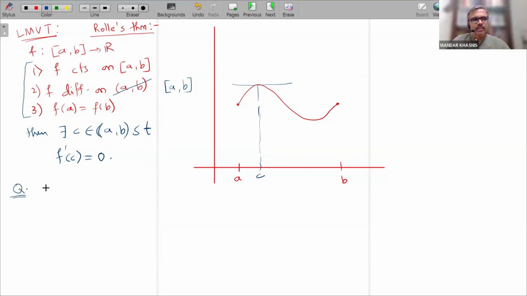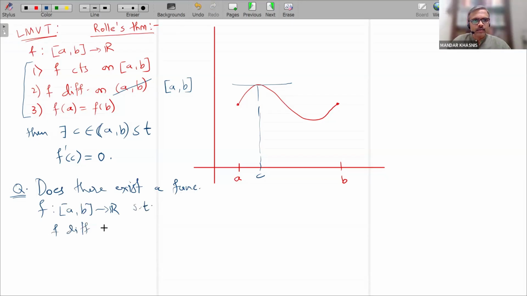The question is, does there exist a function f from closed AB to R such that f is differentiable on open AB, continuous on closed AB, but not differentiable on closed AB?